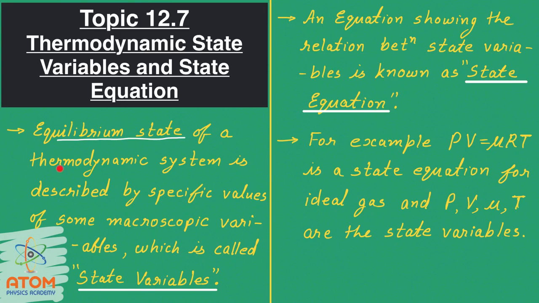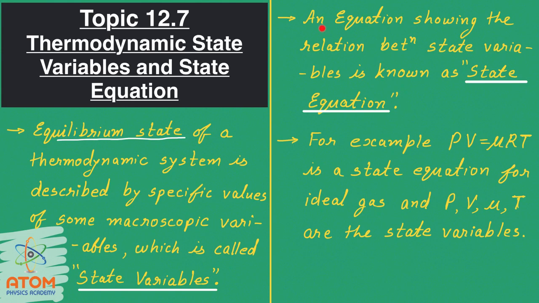So any thermodynamic system which is in equilibrium state can have some specific values of macroscopic variables. These macroscopic variables are known as state variables. As we know already, like pressure P, volume V, temperature T, mole number mu, internal energy U, heat Q, these are all state variables. Okay.